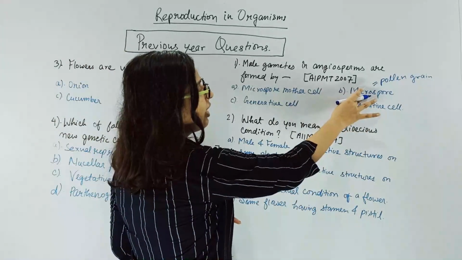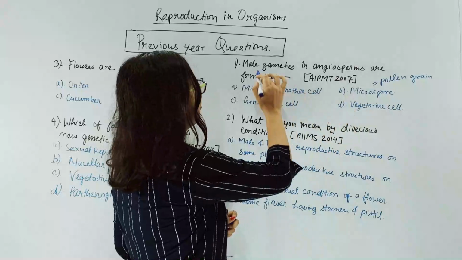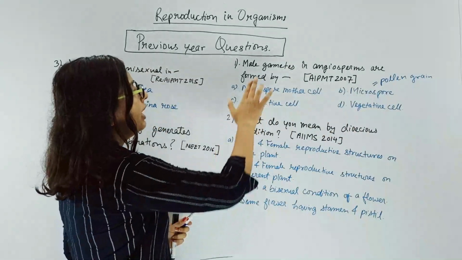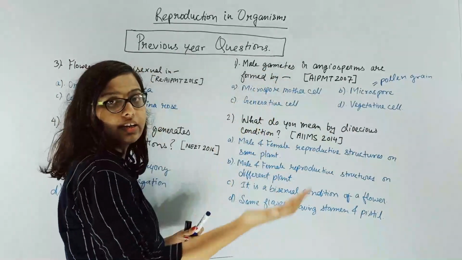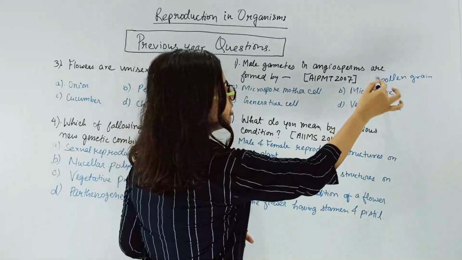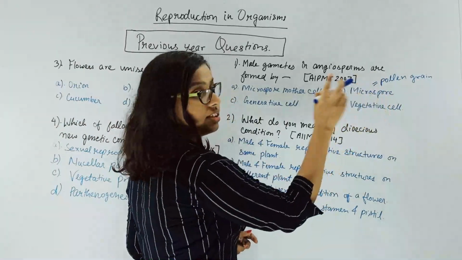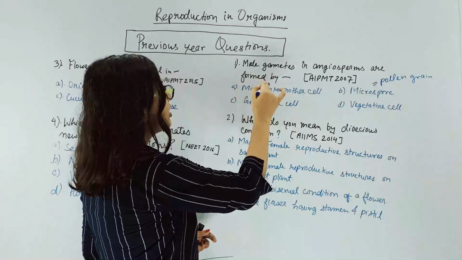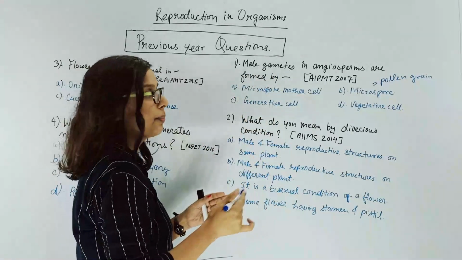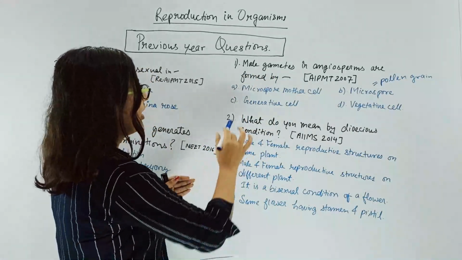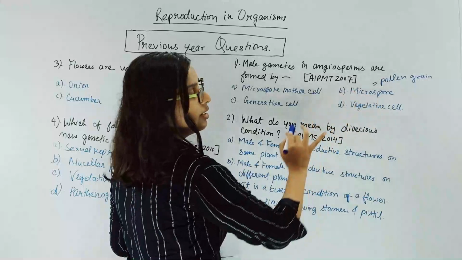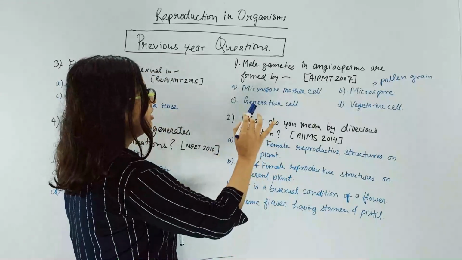Means I can say that microspore has two male gametes. But your question is asking male gametes are formed by. This particular structure contains the male gametes, but the question asks that they are formed by. So formation by, we have to find out. So this cannot be the answer. Microspore cannot be the answer.